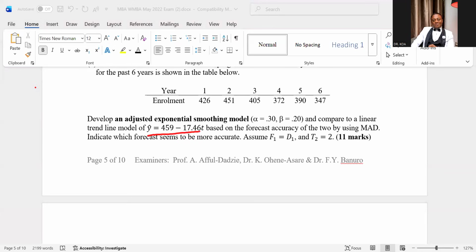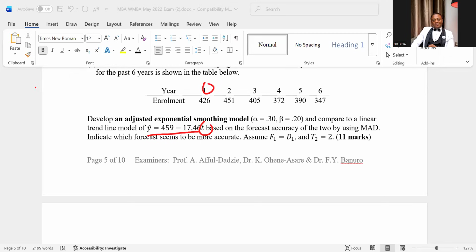Okay. 459 minus 17.46 T. So T here means whatever you see T, you put in what value? The year at the top. So the first one, we put in the year, which is 1, isn't it? So whatever you see T here, you're going to drop this 1.